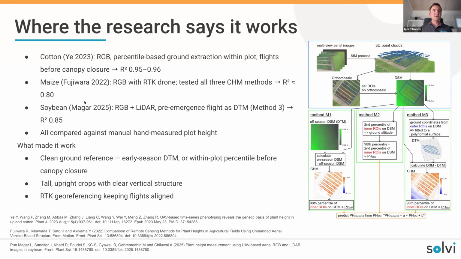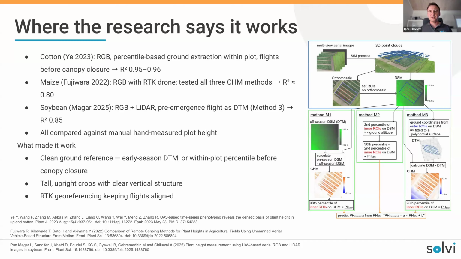But as you can see, all of them achieved quite outstanding numbers here. What contributed to success in these cases is mainly the RTK georeferencing, so they were able to use the DTM from the early stage flights to then create canopy height models.